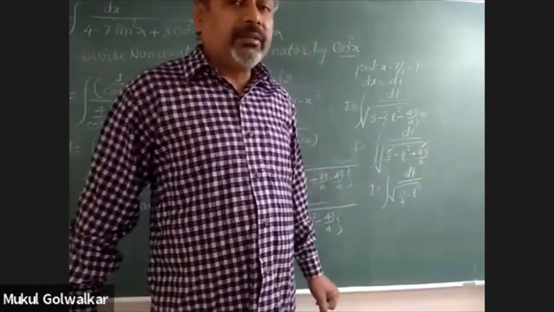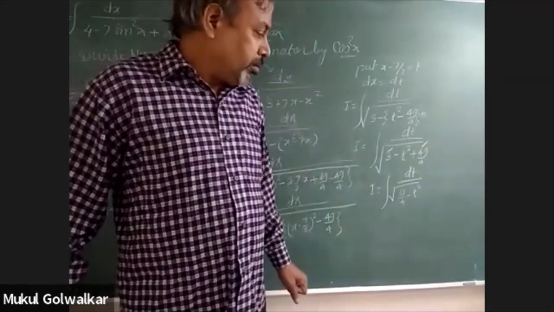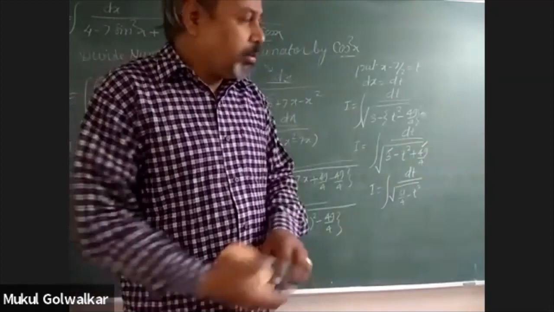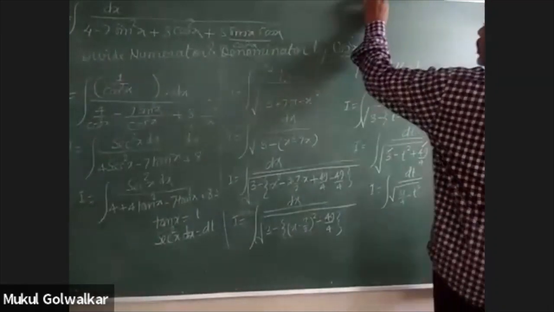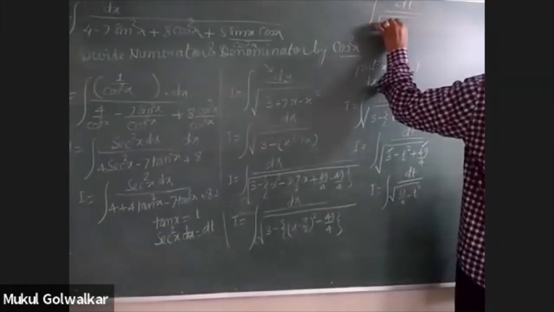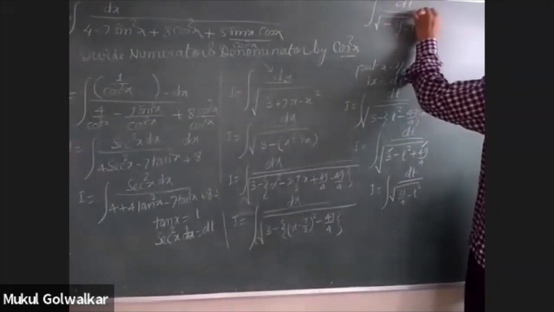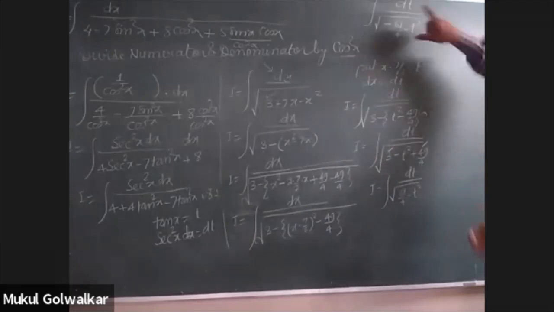In that case, what will happen? Atharv, I wanted you to imagine the situation like dt divided by under root of minus 61 by 4 minus t square. This type of term I wanted you to imagine.